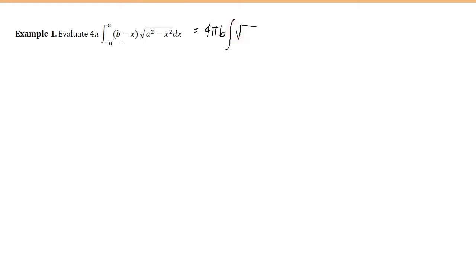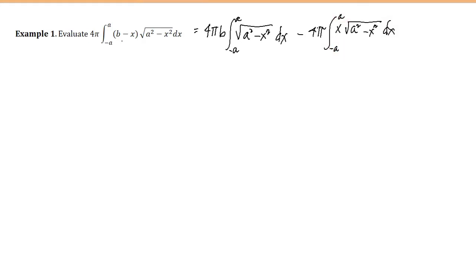Integral of the square root of a squared minus x squared dx with a limit of negative a to positive a. Then minus 4 pi integral of x multiplied by the square root of a squared minus x squared dx with the lower limit of negative a and the upper limit of a.